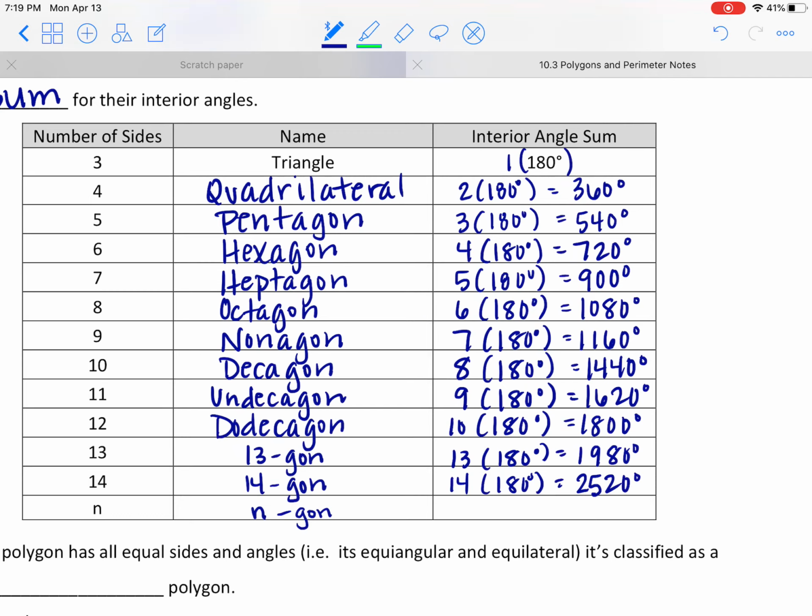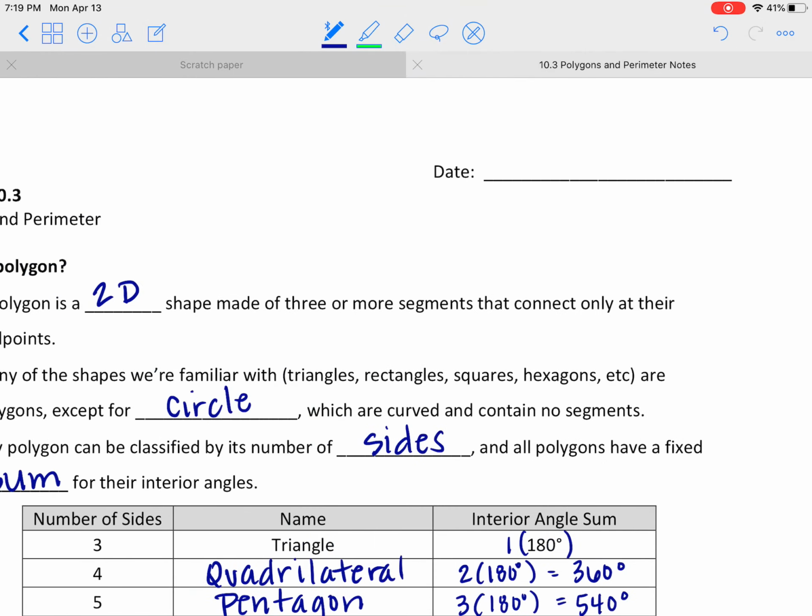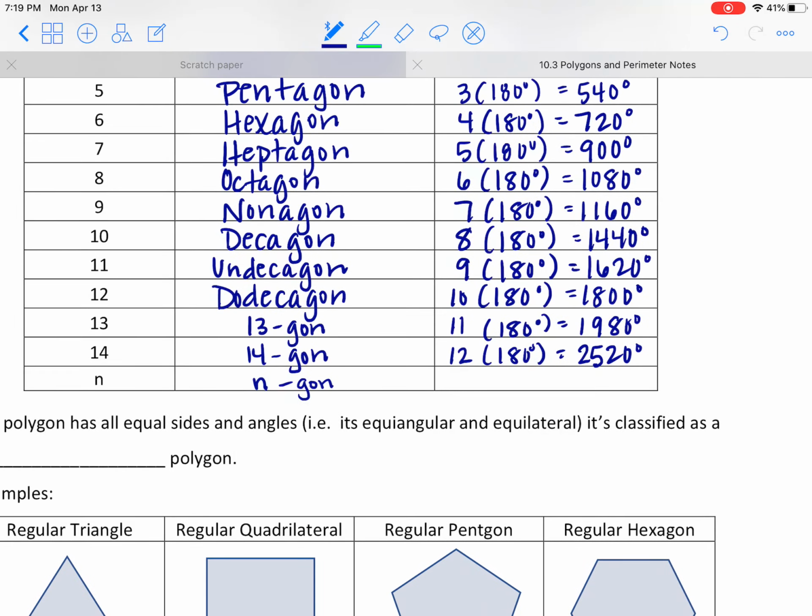So there's a formula that's happening here, and I'm sure we can all see the pattern, but how do we take this and make a formula, no matter what number of sides we're looking at? I goofed here. Guys, nobody's yelling at me. This should be 11, and this should be 12. So let's just make sure I didn't screw up.